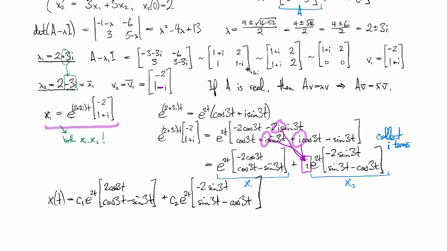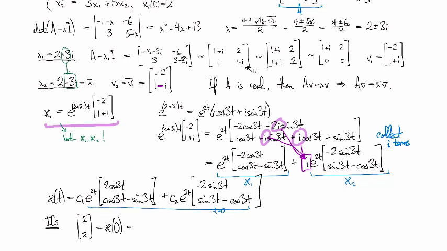Okay, so last step is to take into account the initial conditions, and so let's go ahead and do that. So we have initial conditions of 2 and 2, that's our x0. And meanwhile, for x0, we can also evaluate this whole thing right here at t equals 0.